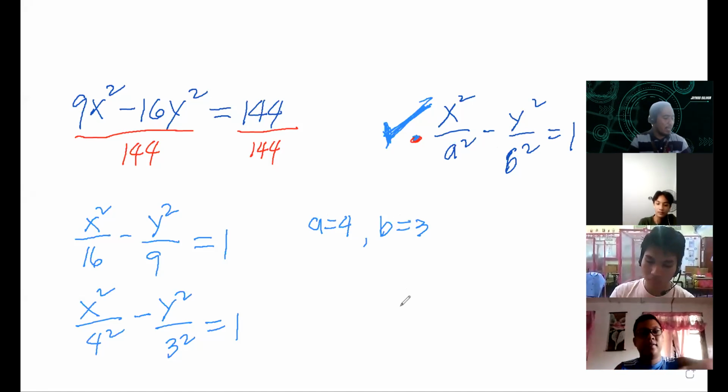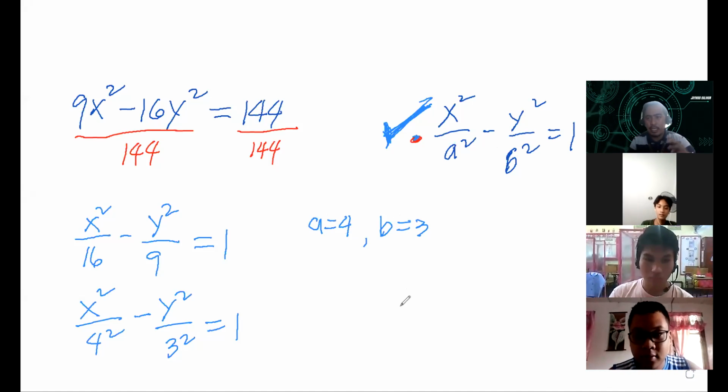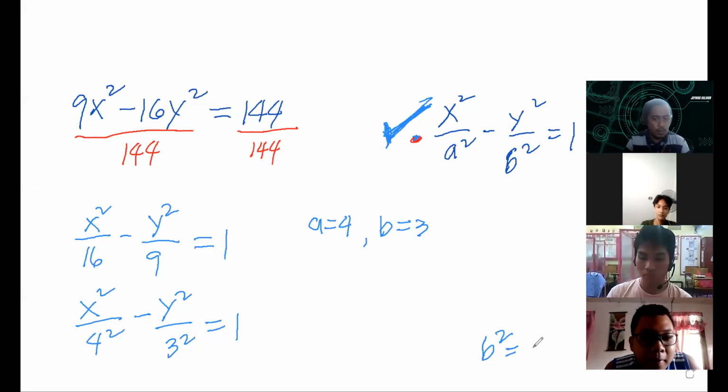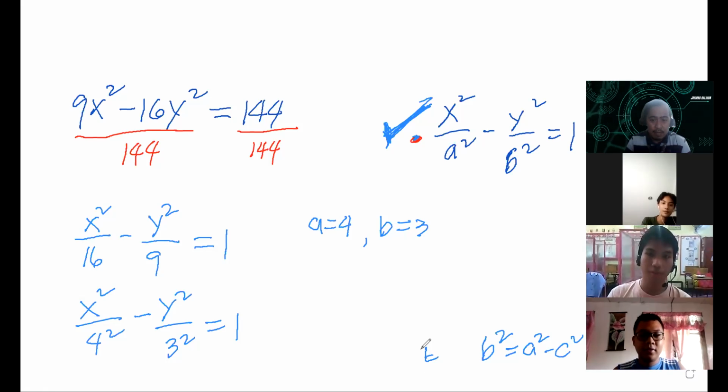Now, the relationship of a, b, and c in the ellipse, do you still remember it? In the ellipse, you have b squared is equal to a squared minus c squared. That is for the ellipse, right? Yes, sir.